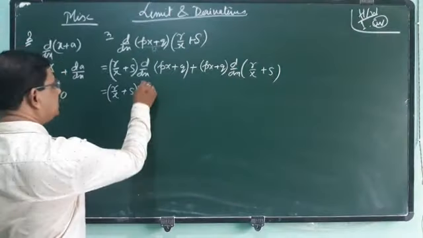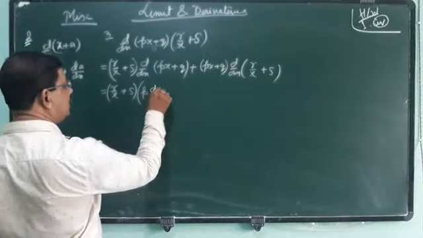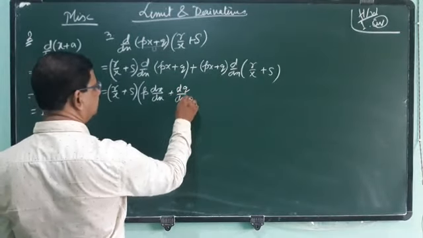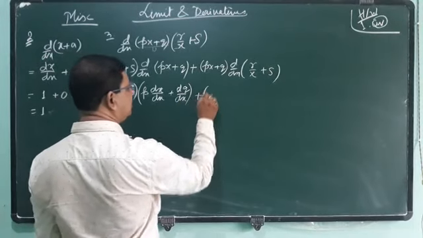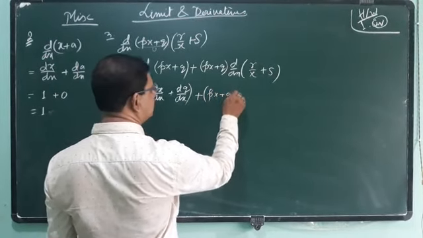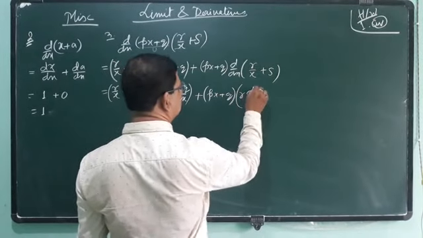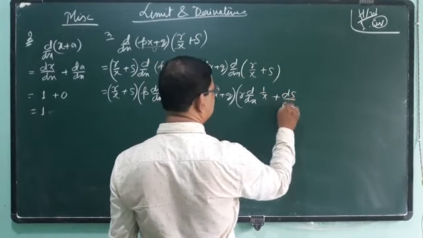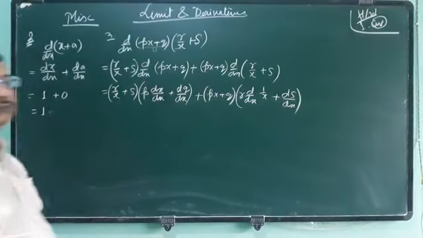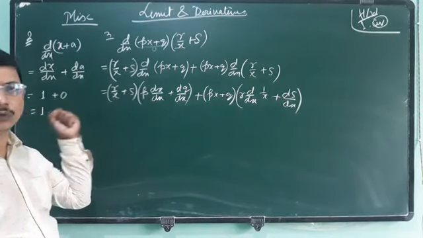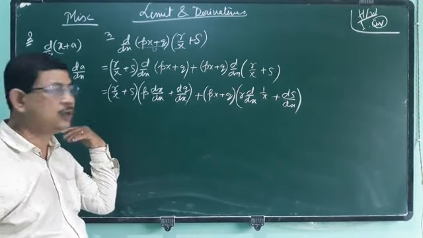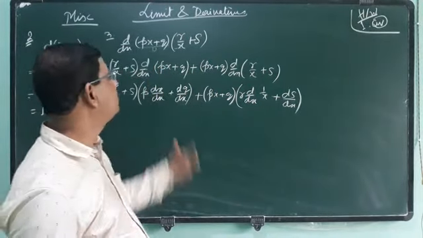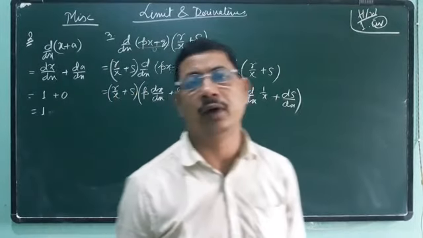Now if we differentiate this one: p dx/dx, dq/dx, then (px + q), then r d/dx of 1/x, then ds/dx. Students, this is the rule only that a constant should come out from the derivative. Derivative can go inside this one, and this line though by Leibniz product rule I have done.